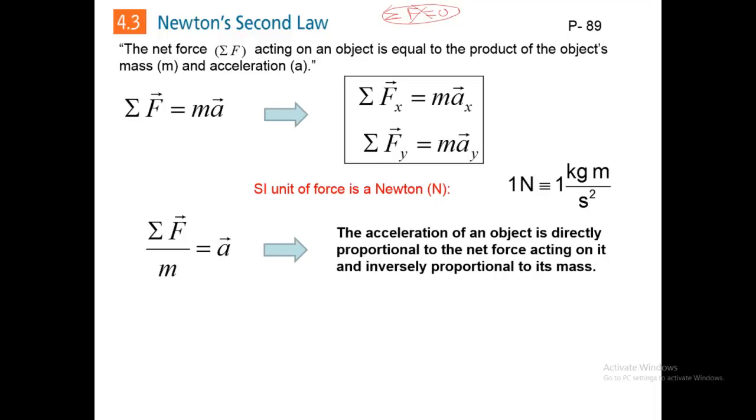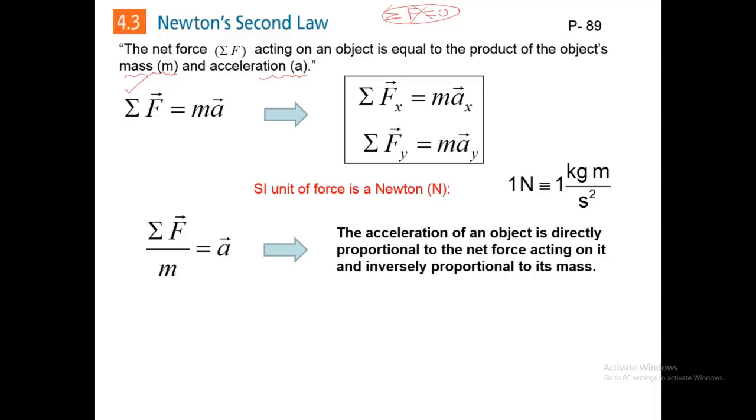When you have one object and different forces are acting, you add all the forces and you don't have a zero resultant. So once you have a value that is not zero, then we have this rule: the sum of the forces, or the net force, is equal to the mass multiplied by the acceleration. So m is the mass of the object and a is its acceleration. So this is the rule.